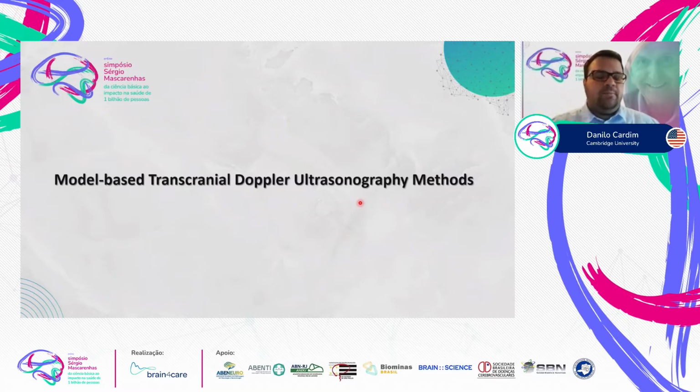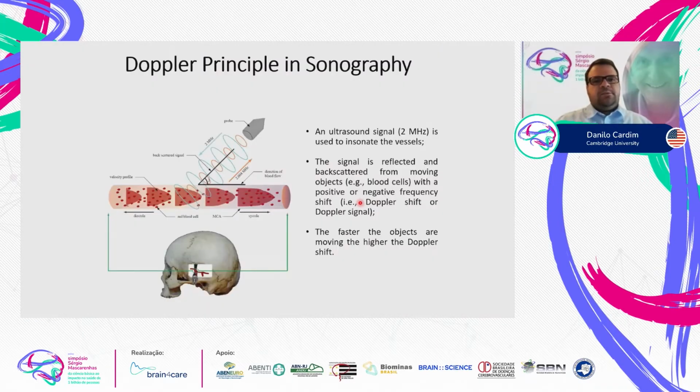One of them was the model-based transcranial Doppler ultrasonography method. So basically, how do we use the Doppler principle in sonography, and how does it apply to assessing intracranial pressure non-invasively? Here in this representation, we have an artery with the blood flow inside.